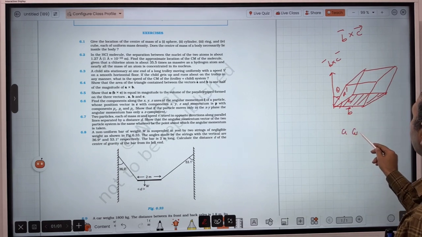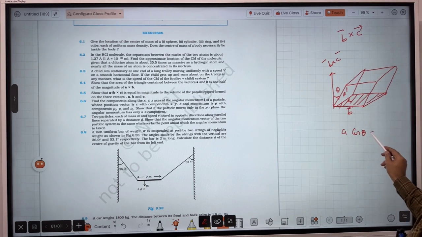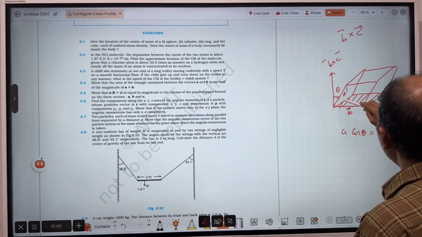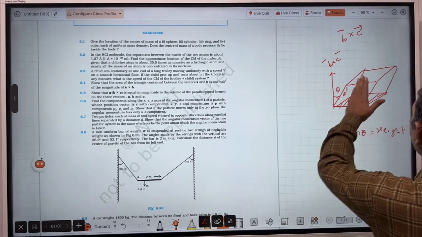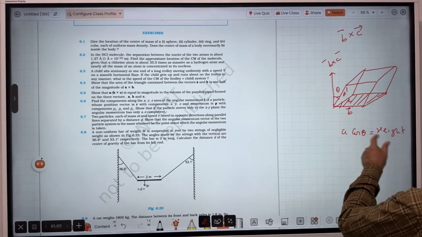A cos theta will be height, and this is base. Did you understand? If theta is like this, then in that case it will be A sin theta. But theta is here, so this perpendicular will be A cos theta.